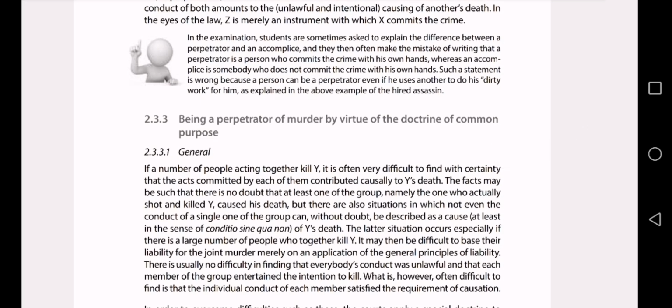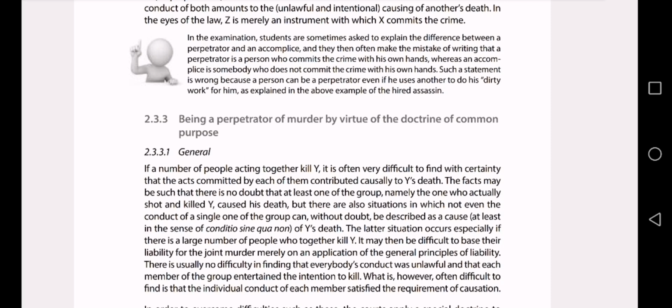In the examination, students are sometimes asked to explain the difference between the perpetrator and accomplice, and they often make the mistake of writing that a perpetrator is a person who commits the crime with his own hands, whereas the accomplice is somebody who does not commit the crime with his own hands.